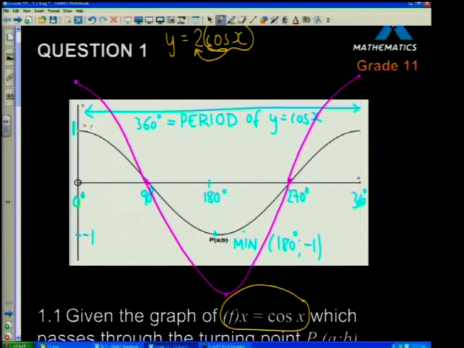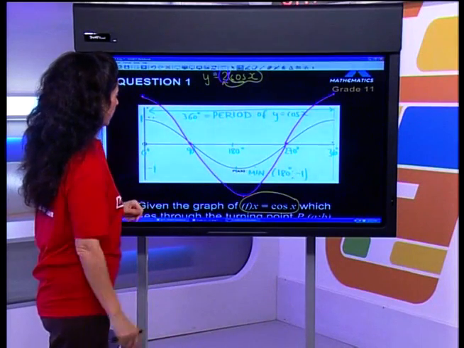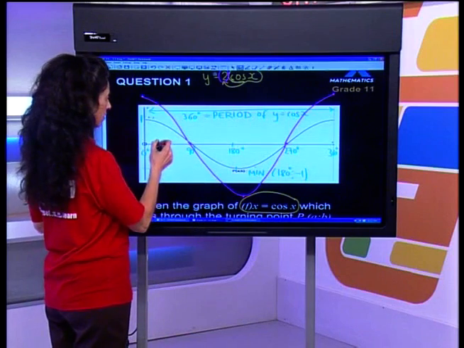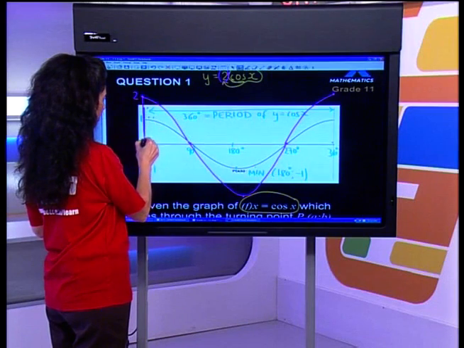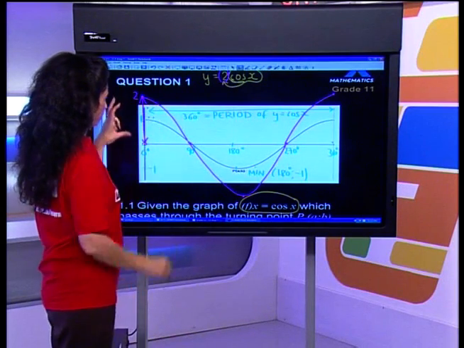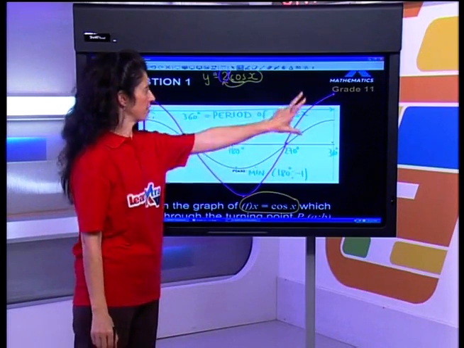So something to do with a coefficient. We've got a doubled value of y. So it seems that the graph stretches vertically. Okay, and the distance from the maximum now to the x-axis, this distance becomes double what it was. This distance to the x-axis is double, that distance is double.